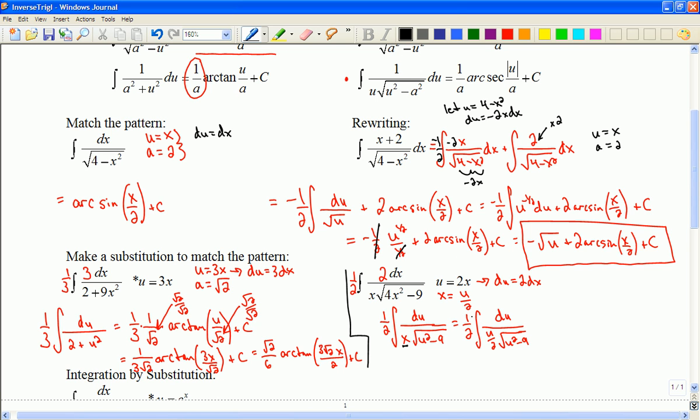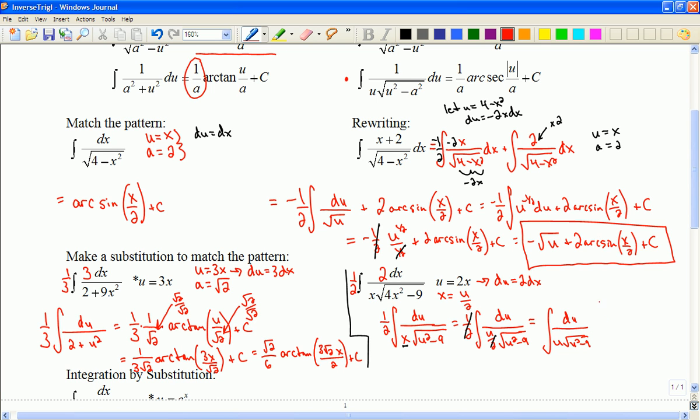And in this case, I'm multiplying by 1/2 there, and I'm also going to be dividing by 1/2 there. Or you could just consider multiplying the top and bottom by 2, but regardless, those will simplify. So now the integral I'm dealing with is du over u root u squared minus 9.